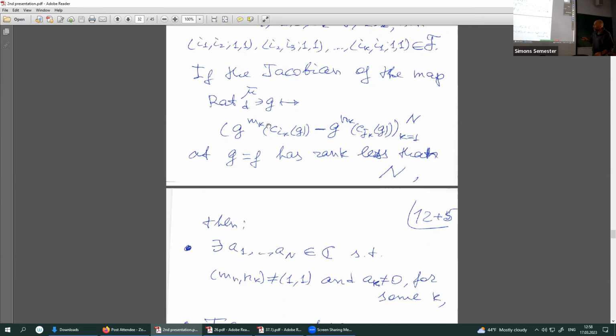That would mean transversality. So in the cyclic relation, you care only about the case n equal to 1? Yes, only.